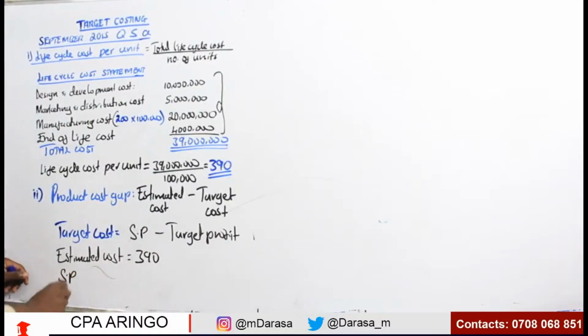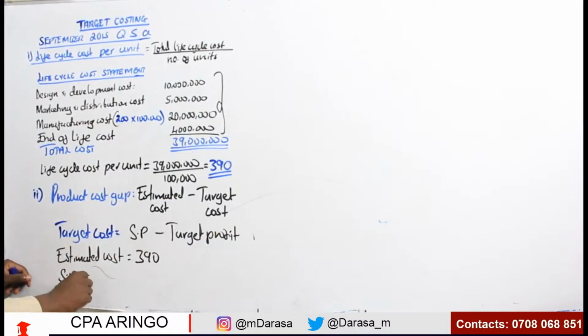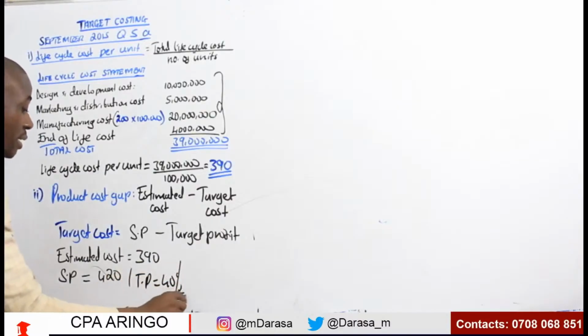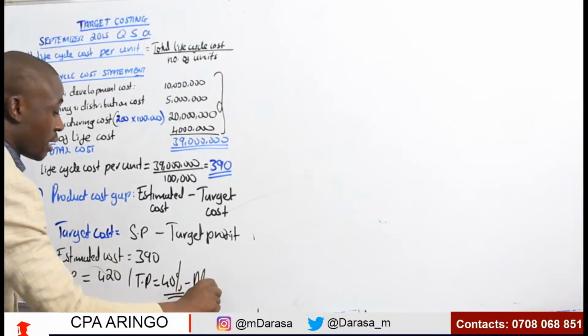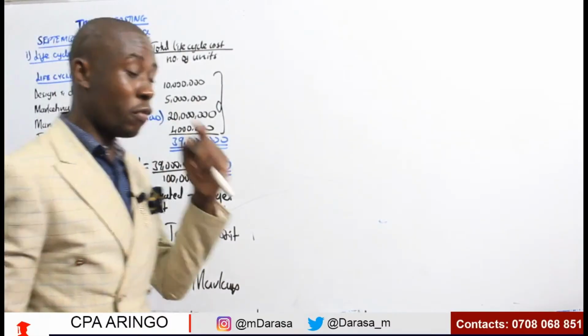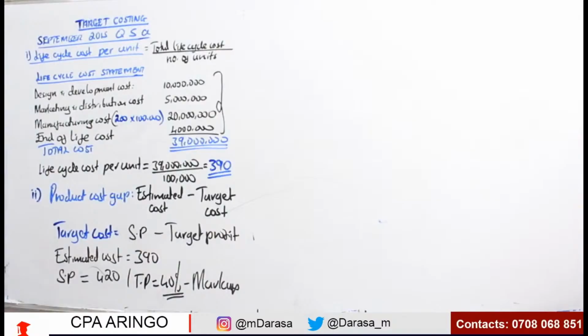Selling price, for us to determine our target cost: I was given a figure of 420. Target profit, my good students: I was given a markup of 40%.